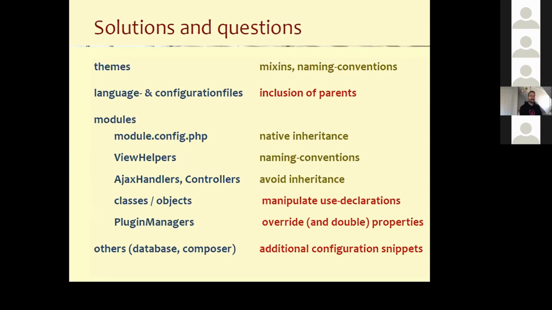And the situation is even worse with plugin managers. You have to override and this way double the properties of these plugin managers if they are stacked in the way I showed previously.